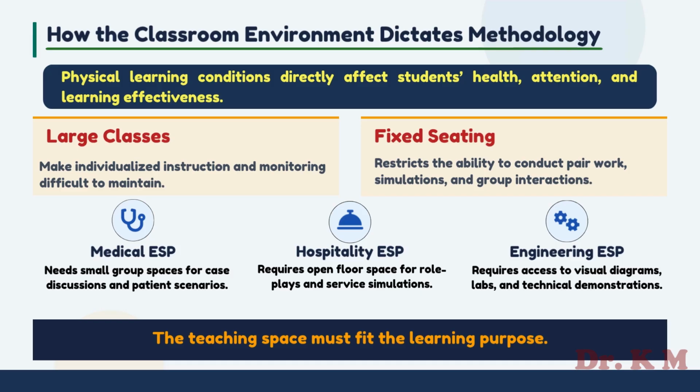In technical ESP settings, learners may need lab access, simulation rooms or field-based exposure. A medical ESP class may benefit from case discussions in small groups. A hospitality ESP class may require role-play space. An engineering ESP course may need visual diagrams and technical demonstrations. The teaching space must fit the learning purpose.